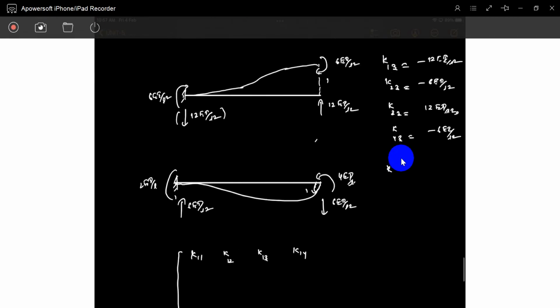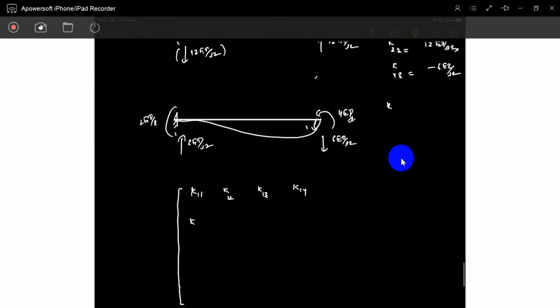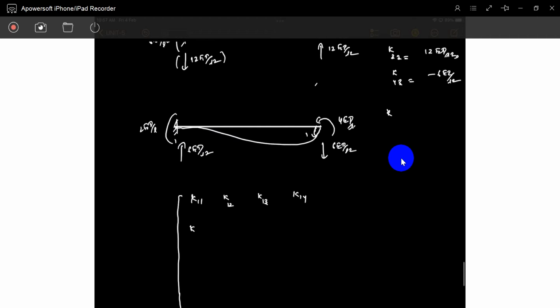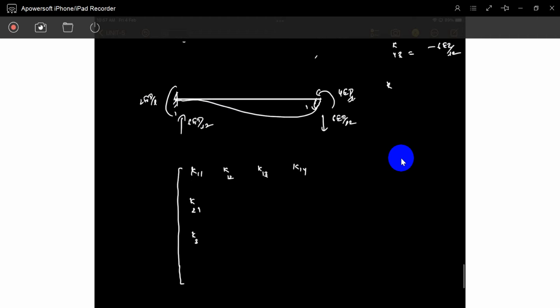Otherwise, see, this is K11, K21, K31, K41. What is this? This is related to the first deformation. This is related to the first direction. If you develop a unit deformation in the first direction, these are the values.